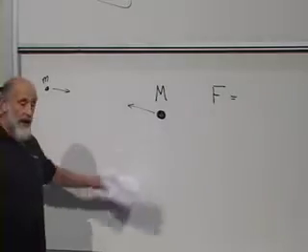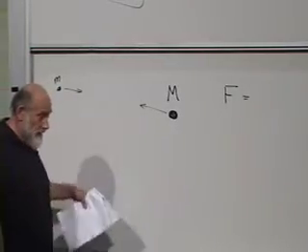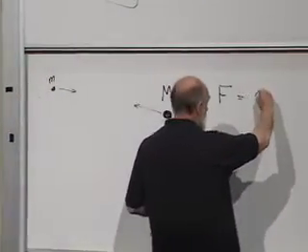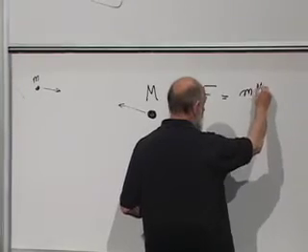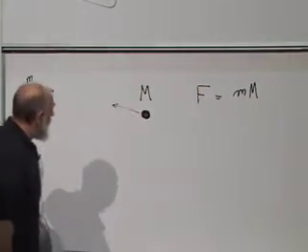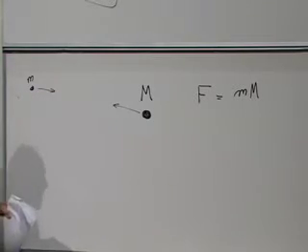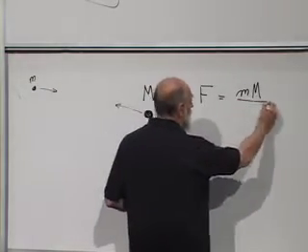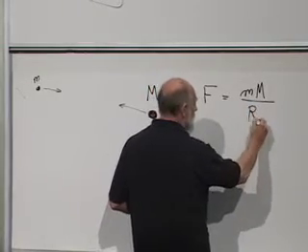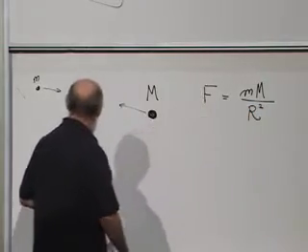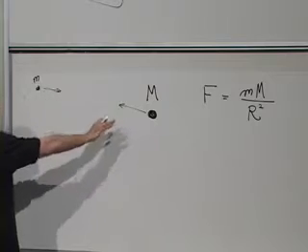Making either mass heavier will increase the force. So the product of the masses, big M times little m, inversely proportional to the square of the distance between them. Let's call the distance between them r.